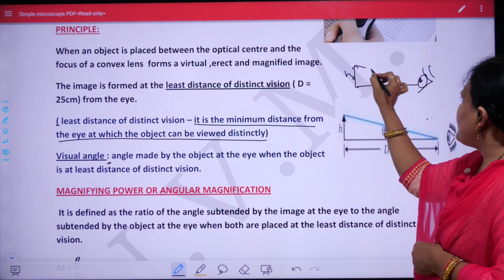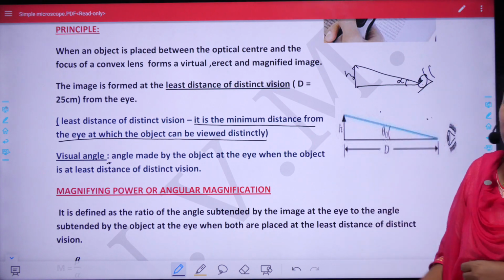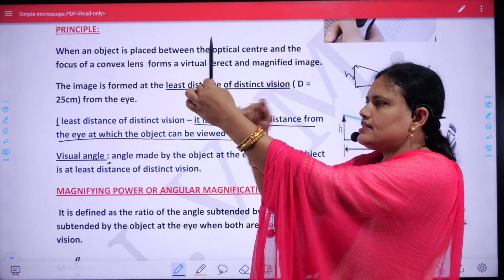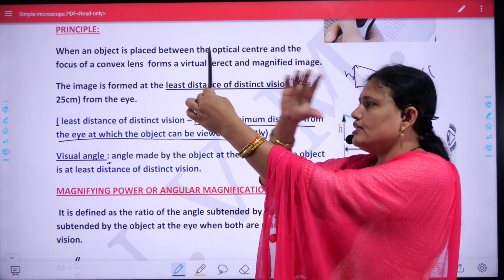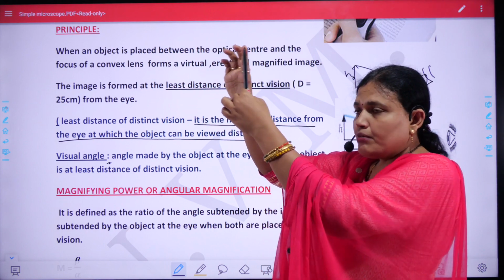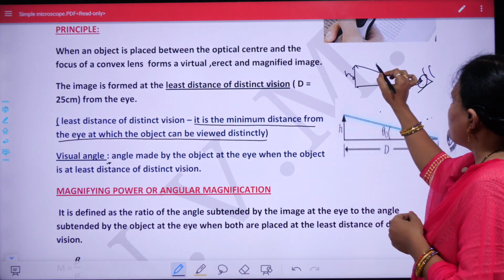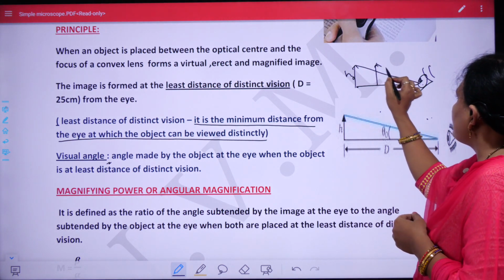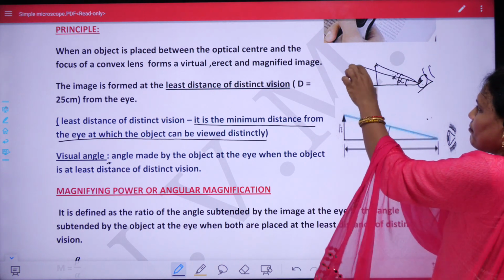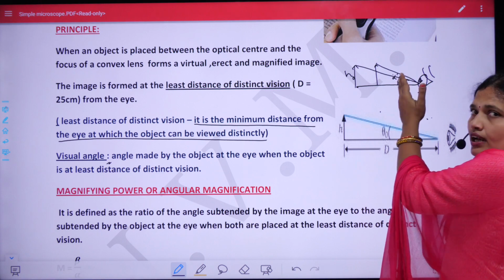Then the angle made by the object at the eye is known as the visual angle. The object is here, and it makes some angle with the eye. As the object comes nearer, the visual angle will obviously become more. Suppose I bring the object here, then the visual angle increases. This is alpha dash. So the nearer the object is, the more the visual angle.